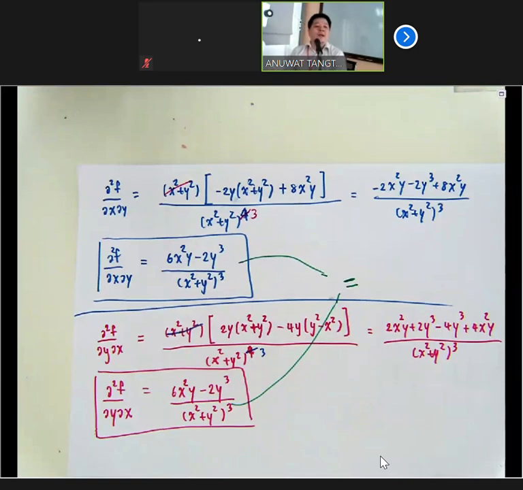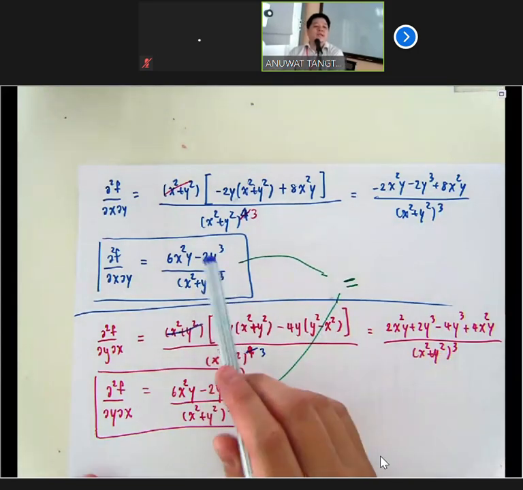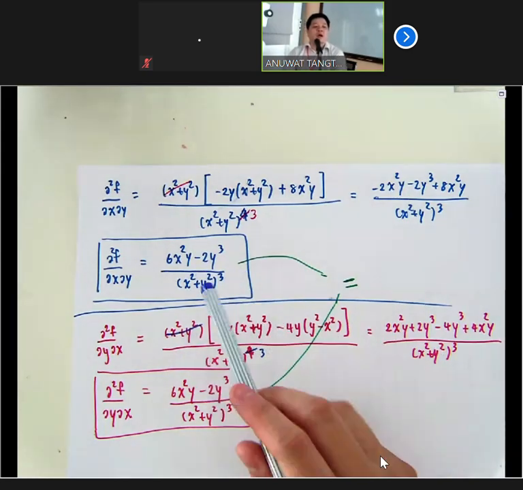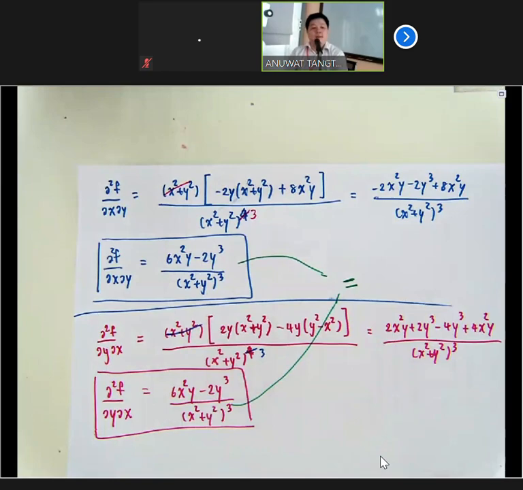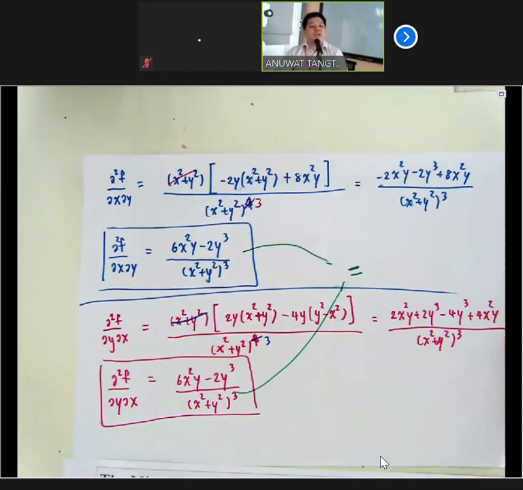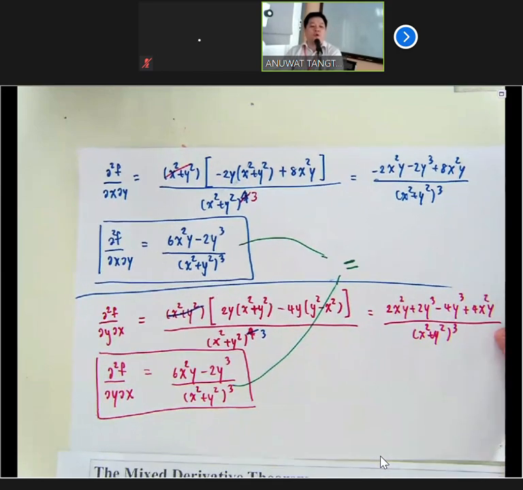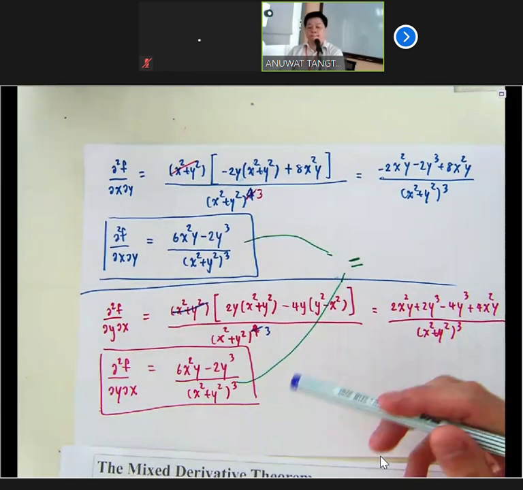So you might wonder, then why do the given functions, which seem to be not symmetric, give the equality of these two mixed derivatives? There is a theorem that guarantees the equality of the mixed derivatives. And that is what we call the mixed partial derivative theorem.